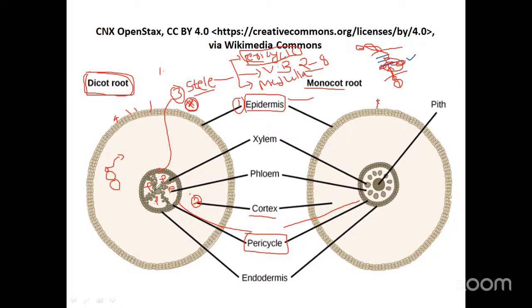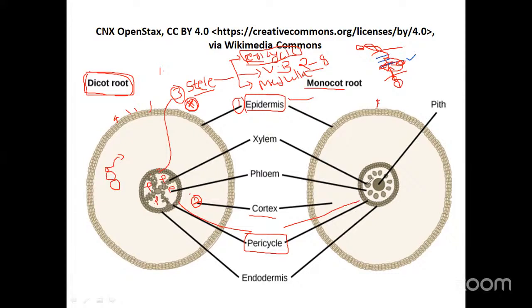If you see the vascular bundles in monocots, the number is more than 8, the polyarch condition. Here only 4; here, number 1, 2, 3, 4, 5, 6, a polyarch condition. This is xylem, and in the center position is phloem.